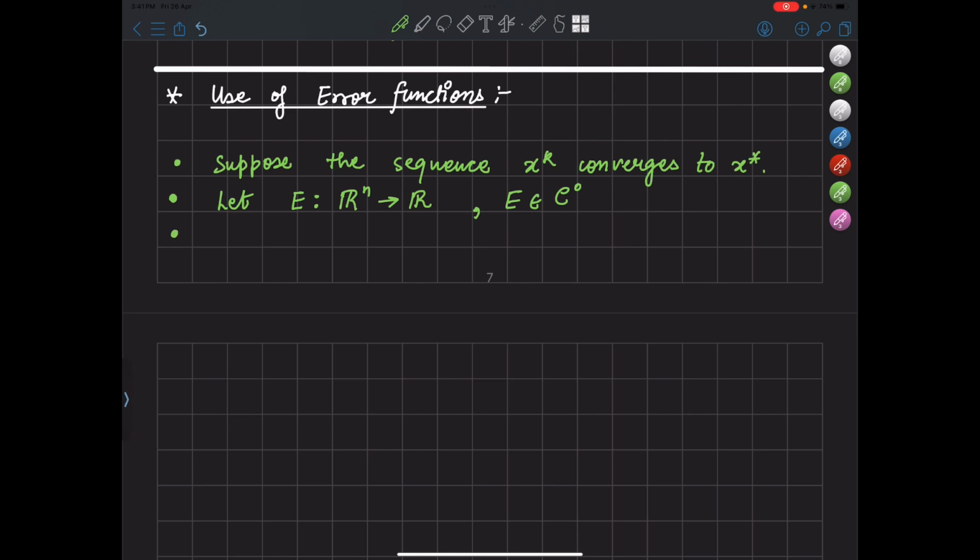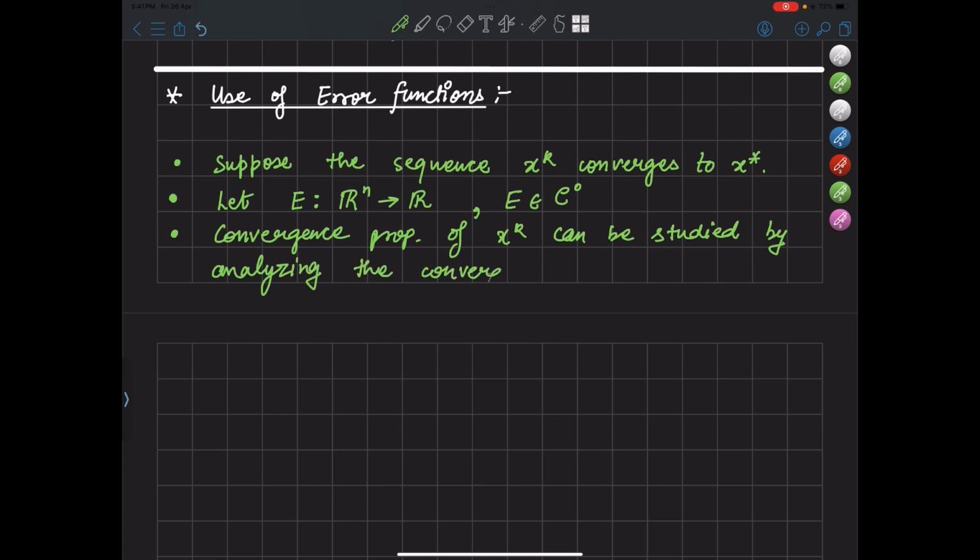So the thing is, convergence properties of xk can be studied by analyzing the convergence of e of xk to e of x star.